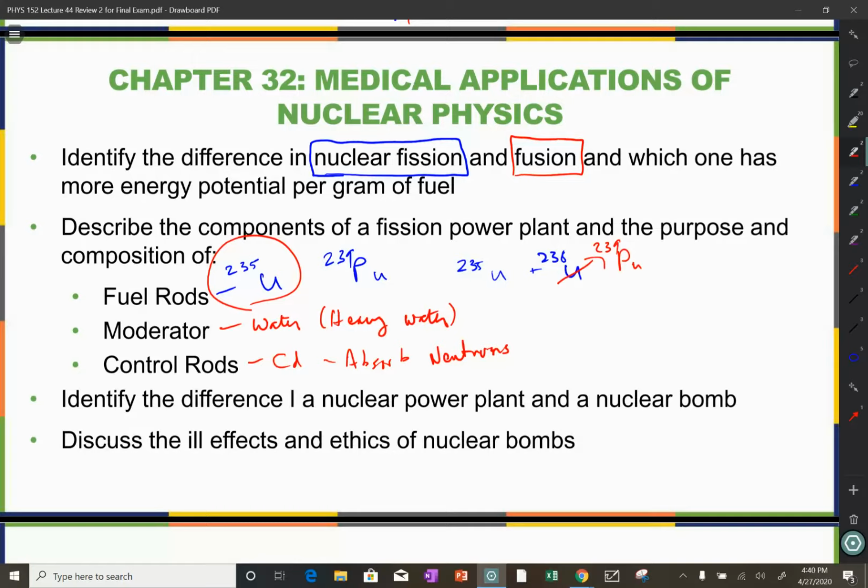Nuclear bombs, good or bad, right? It's an ethical question. This is actually one of the goals for this class, for you to understand the ethics involved in applying science. Those scientists who worked on the Manhattan Project to create the first nuclear fission bombs thought it was absolutely necessary to preserve freedom, which I know is kind of laughable right now when we're being told we have to stay in our houses and we can't go anywhere.